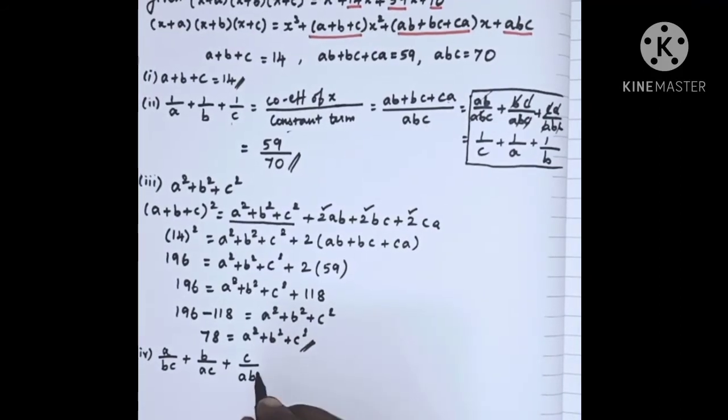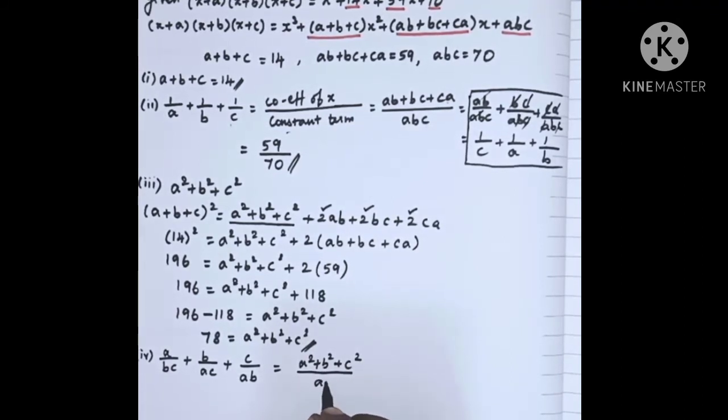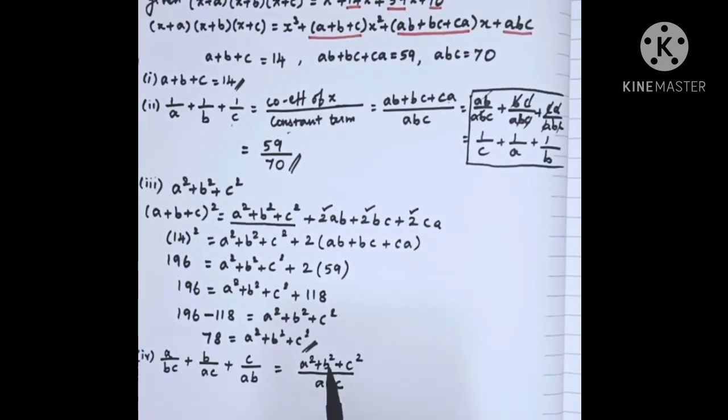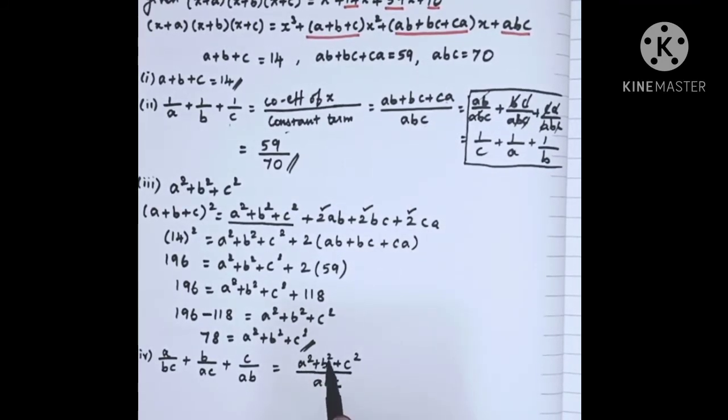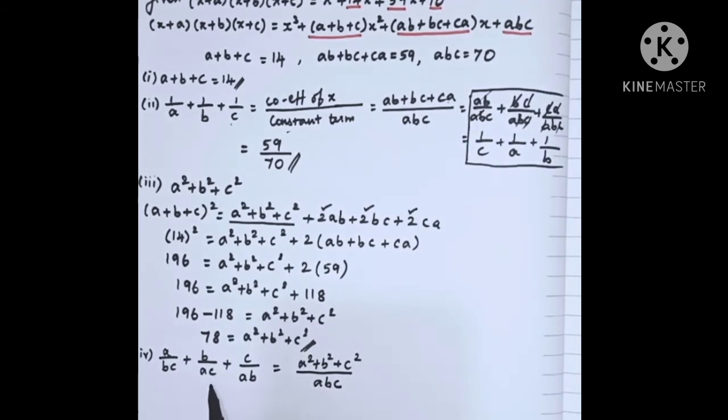For this, we have to find A square plus B square plus C square divided by ABC alone. To find this, you have to substitute the value of A square plus B square plus C square divided by ABC. When we simplify this expression, we will get this one obviously.